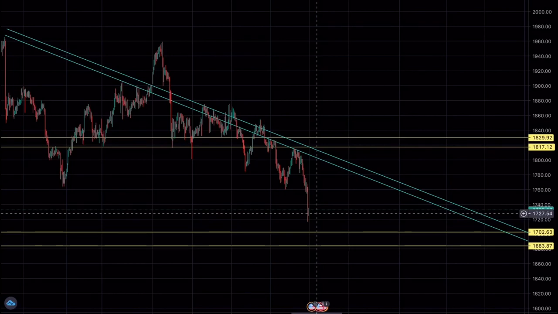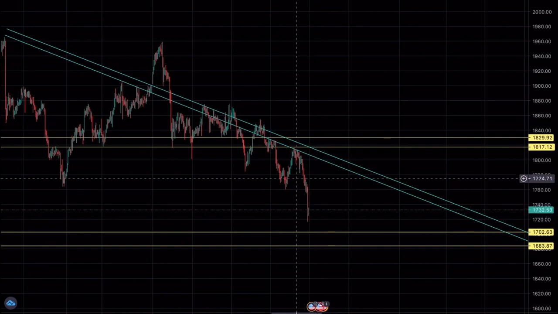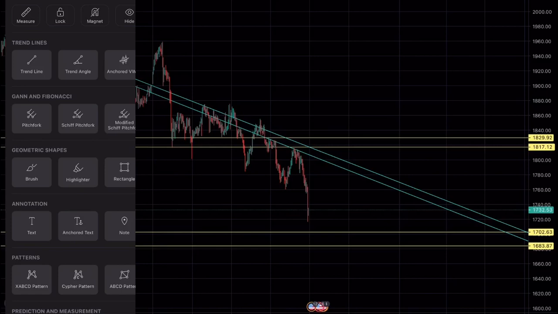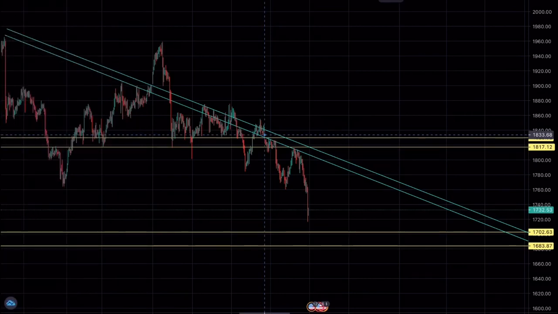Now, analyzing how gold trades: whenever we see a huge, steep sell off without any break, we always see that the market does recover from such a sell off.